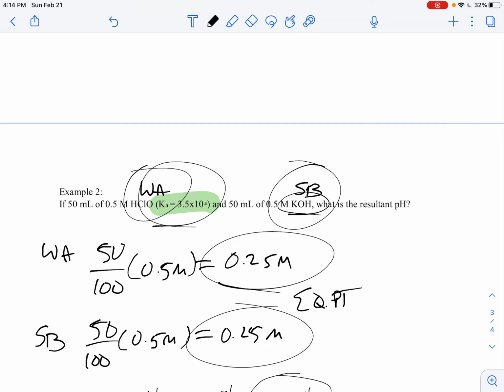It was presented to me as a weak acid problem because they gave me Ka. But because they are reacting a weak Ka against a strong base, it's going to ultimately end up being a Kb problem of the diluted conjugate base once it has reached the equivalence point.